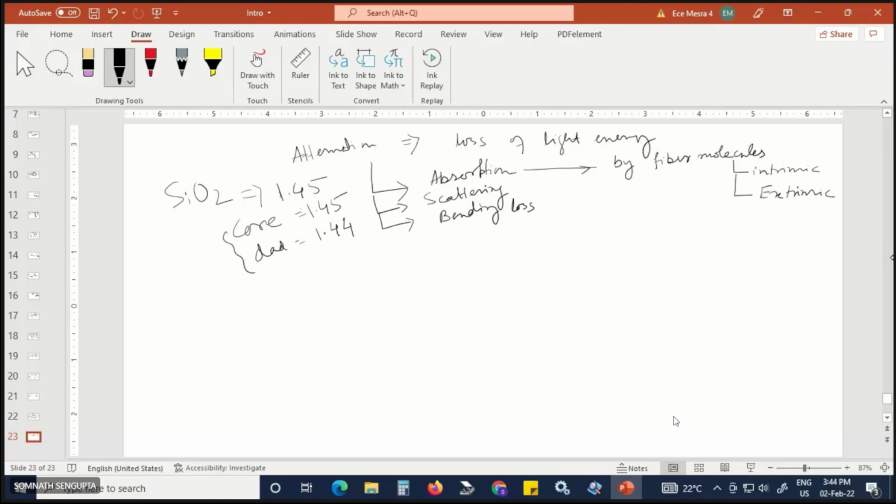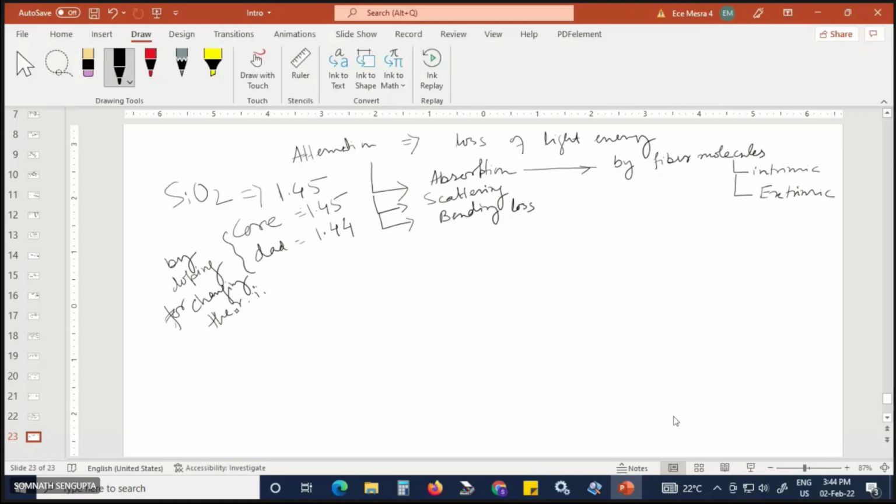So this can be done by doping. There are several atoms which can increase or decrease the refractive index, so doping is used for changing the refractive index.